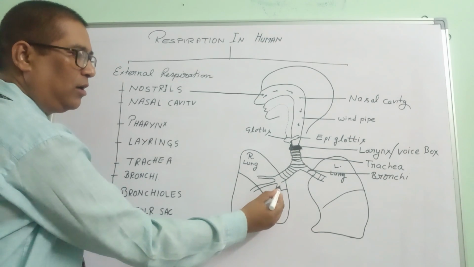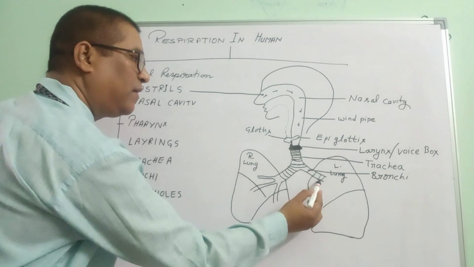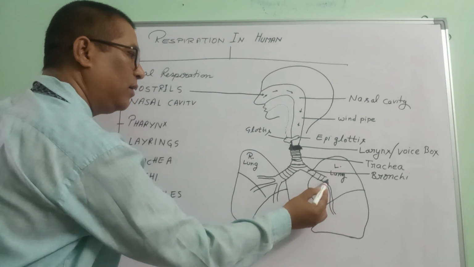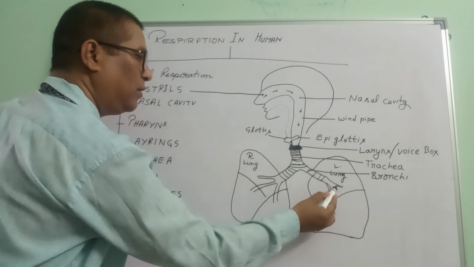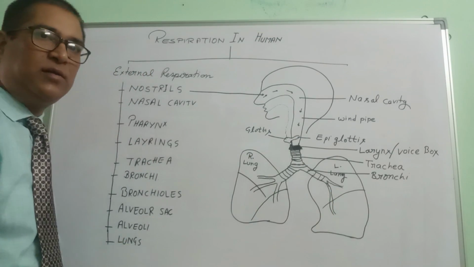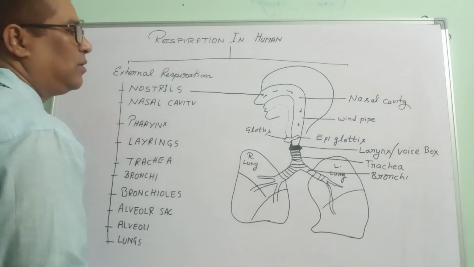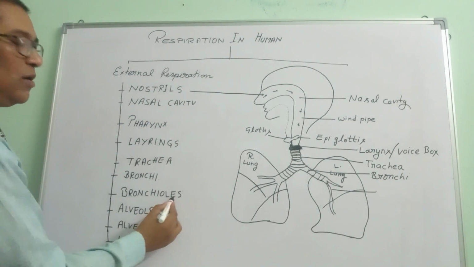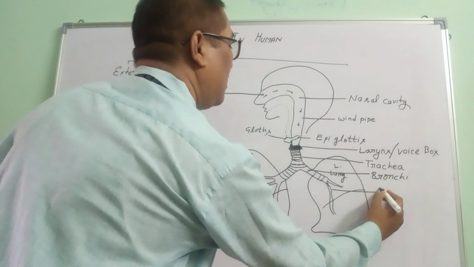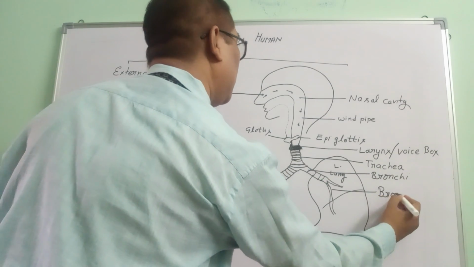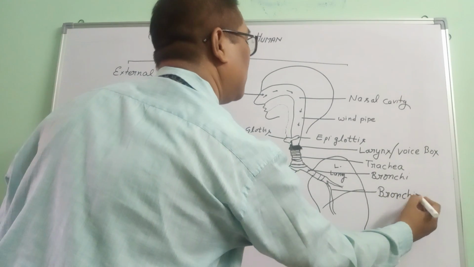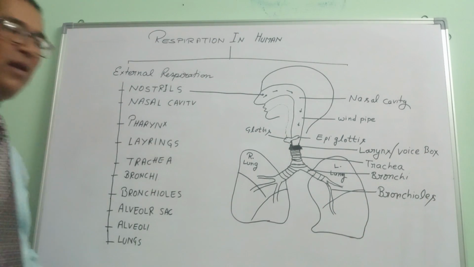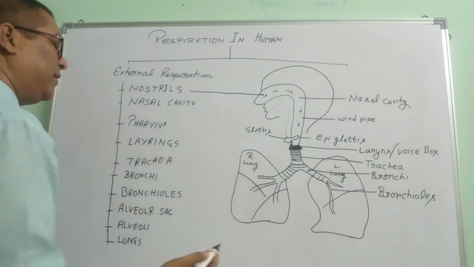and in the left lung, these bronchi bifurcate into two parts. At that time they are known as bronchioles. Yes. Okay.